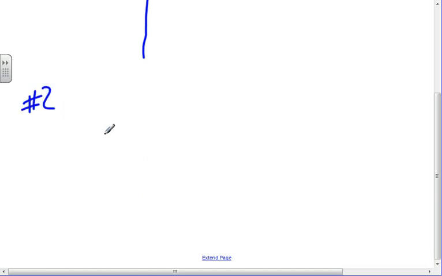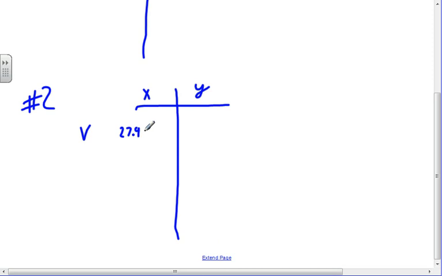Yeah, so number 2. Okay, I can't do number 2 because I'm not on the right page. All right, number 2. So I've got V, and my x component is 27.9 cosine 138.